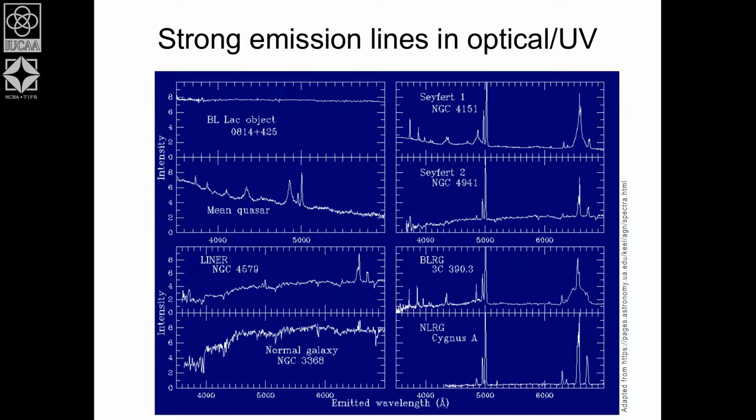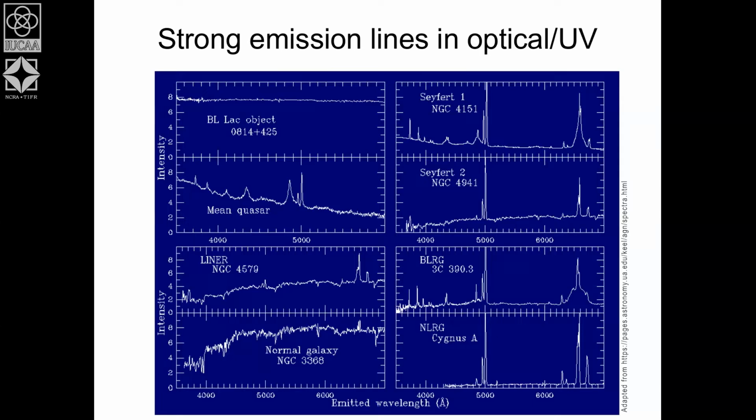But you said that one of the important ways to recognize is through their emission lines. So how do we know it's an active galactic nucleus if there are no strong emission lines? In that case, you look at the continuum emission and compare with the spectrum of a normal galaxy.